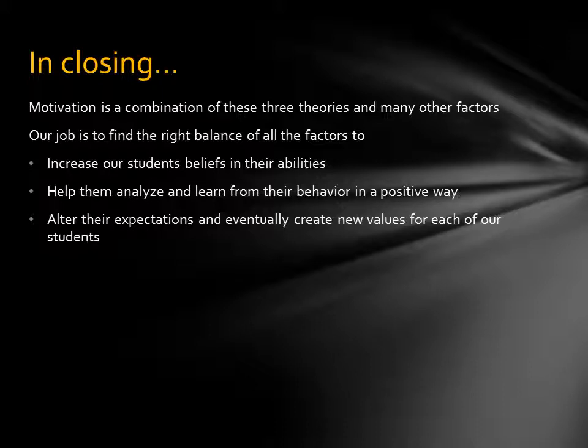Attainable expectations. We don't want to have a student who is getting C's say, well, by the end of the year I'm going to have straight A's and 4.0. We want realistically attainable expectations, which will eventually create new values, and then we can move on to shooting for a 4.0.